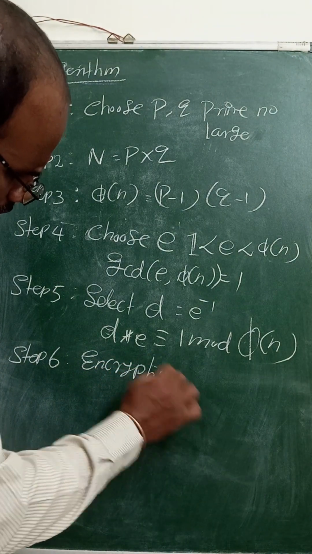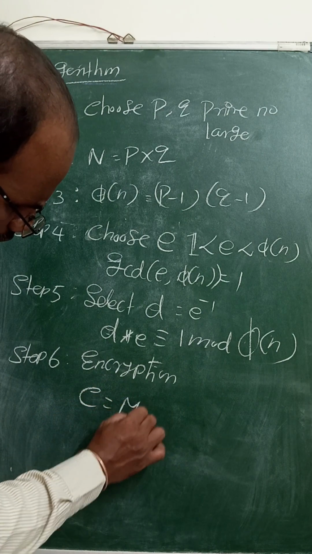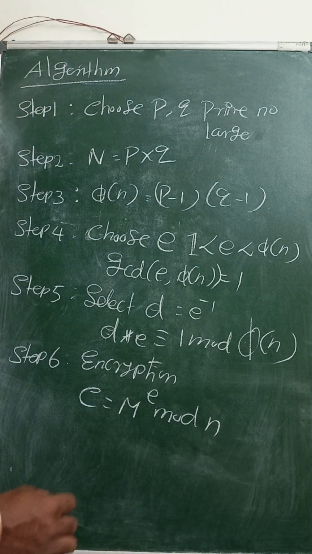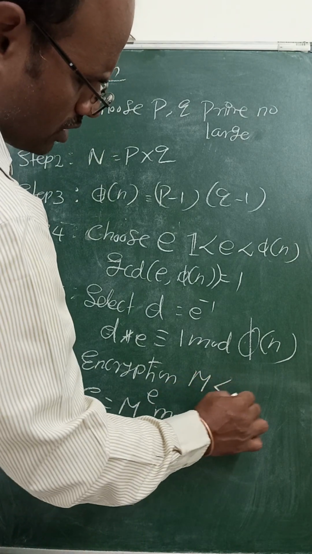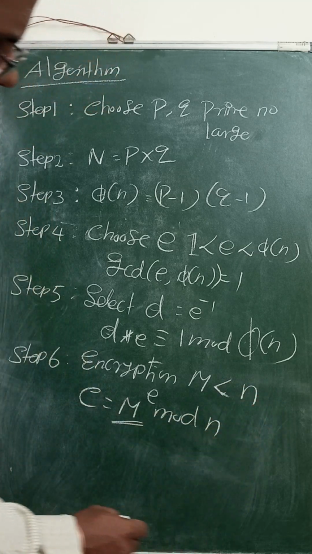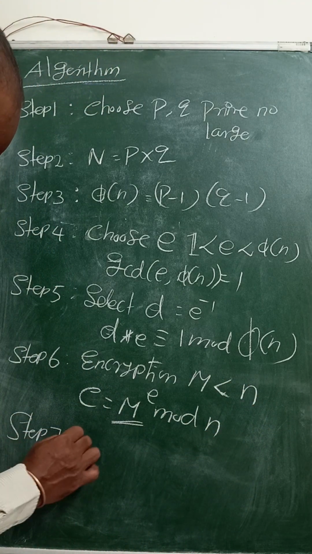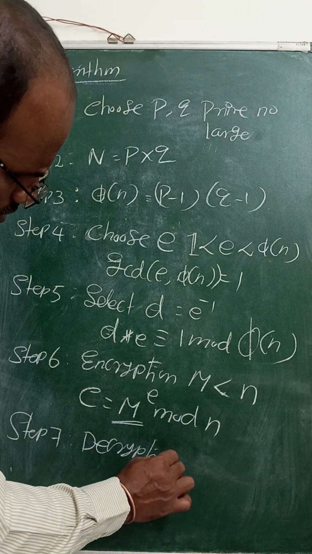Step six: the encryption procedure. We apply C equal to m to the power of e mod n, where m should be less than n.